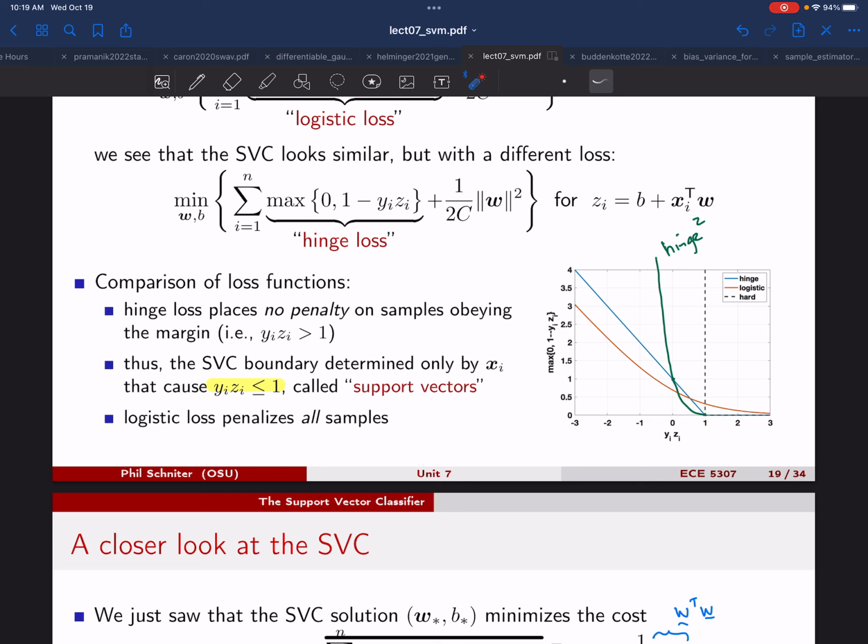So when you have a differentiable cost, the solvers you use, the algorithms you use to minimize that cost can run faster, basically. So the advantage of the squared hinge is that if you use it, your solver will probably run quicker than with the regular hinge.